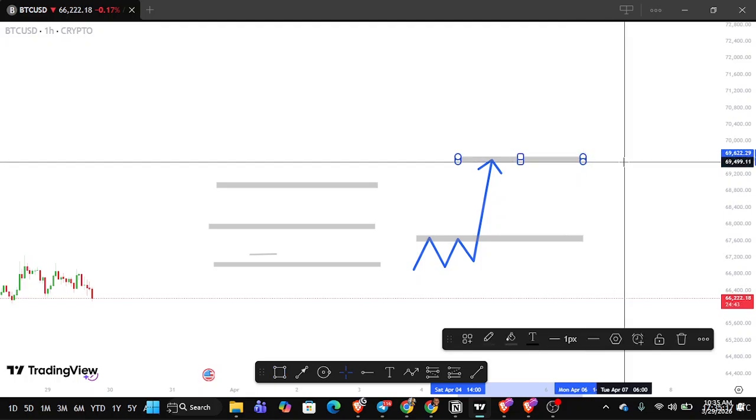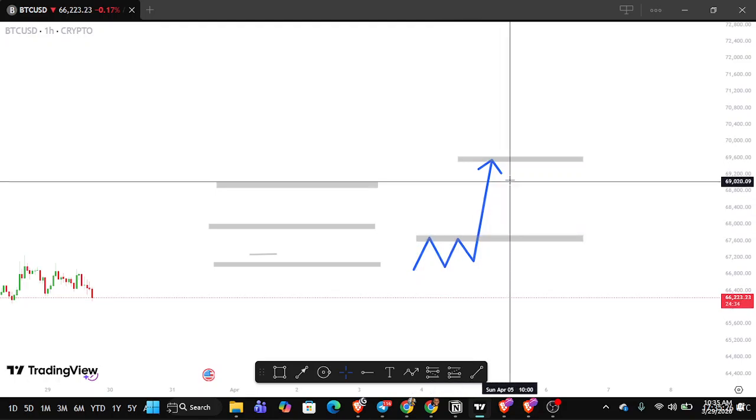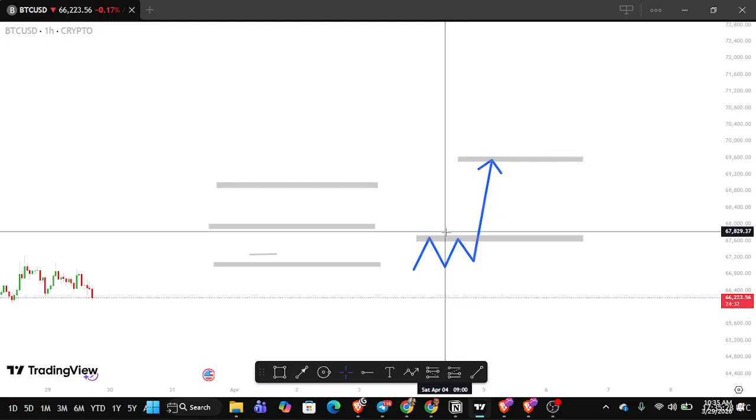Price is showing you, hey, at this zone above here buyers have control so they can push price higher, but at this zone sellers are here. So it gave you two zones.